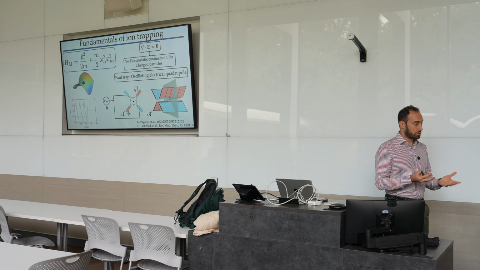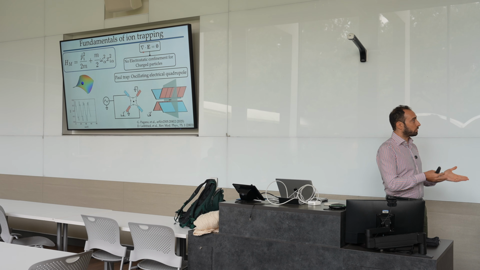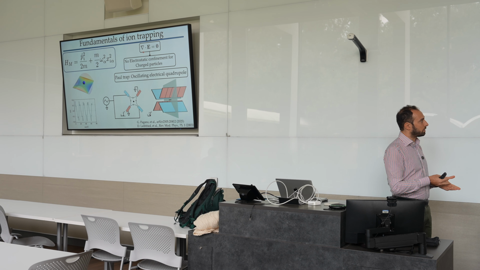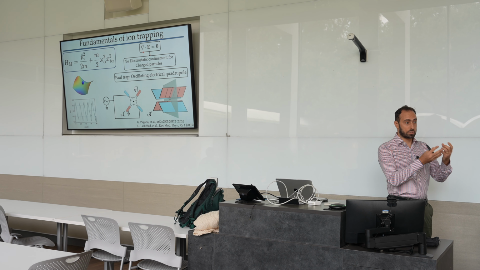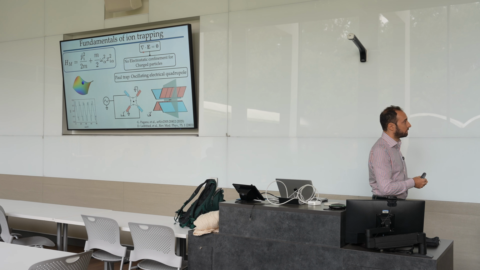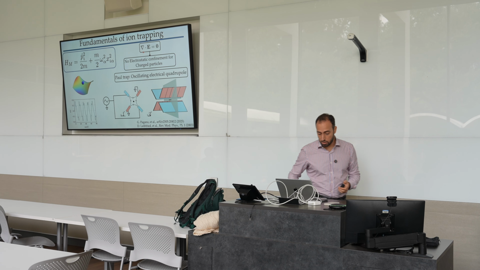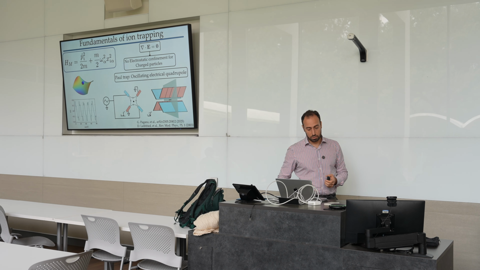And this is the basis of trapping. This was awarded a Nobel Prize in the, I think, 80s, because it was the first demonstration that you can actually confine a single charged particle in 3D. As you can see here, when the potential is static, you always have an anti-confined direction.